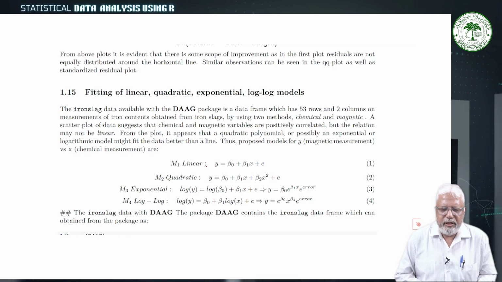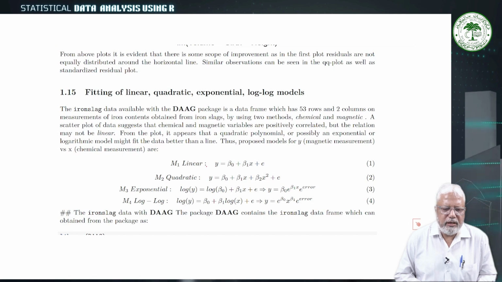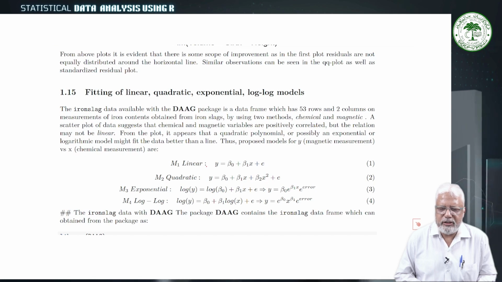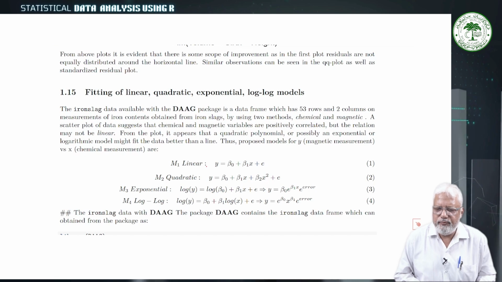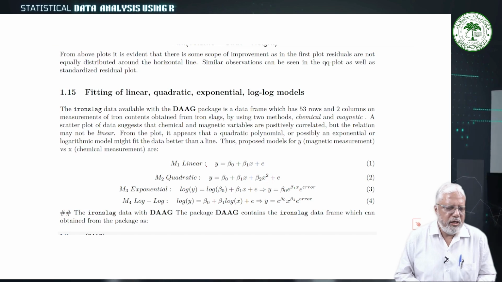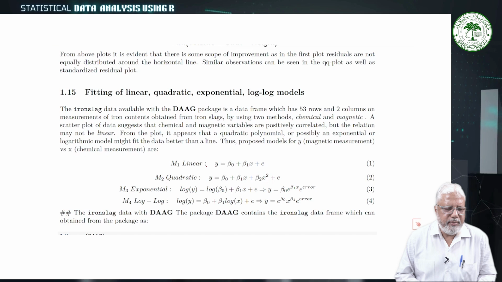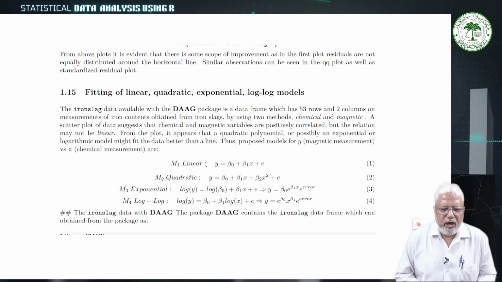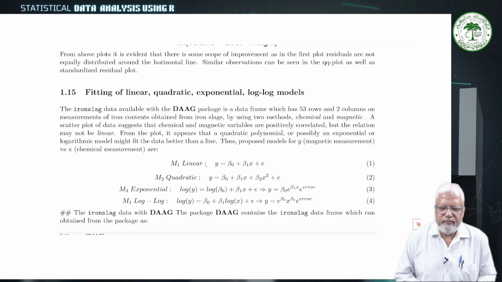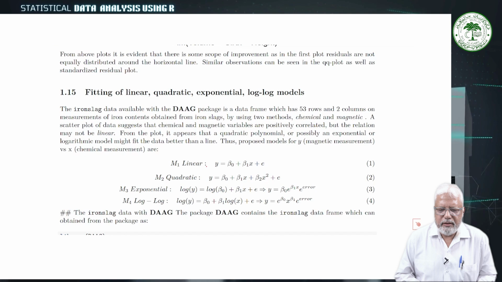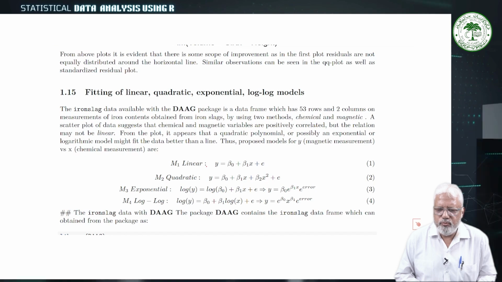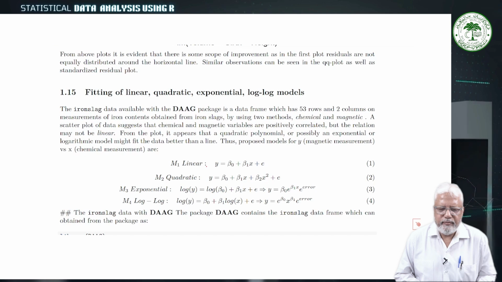A very famous package, it contains a data frame ironslag which has 53 rows and 2 columns on measurements of iron contents obtained from iron slags by using two methods, chemical and magnetic.